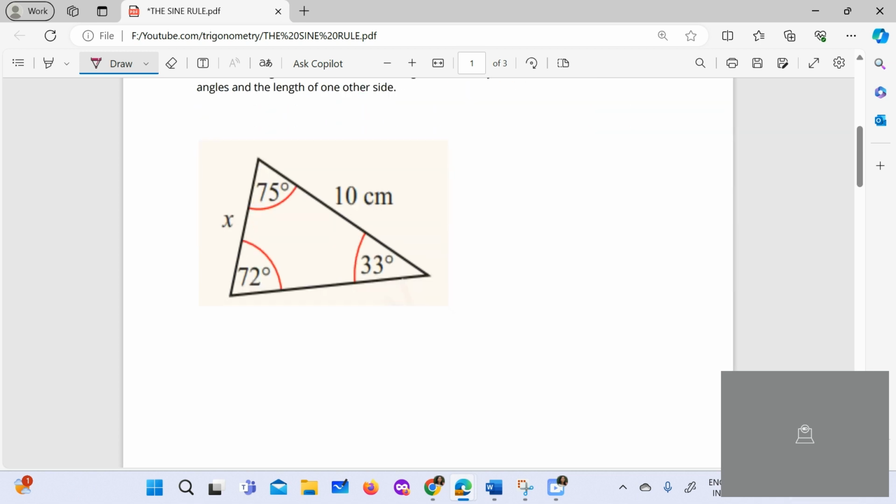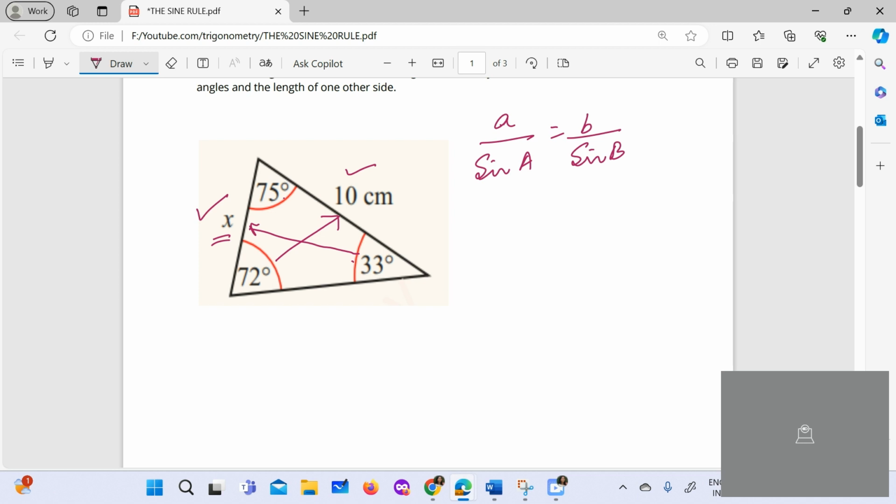So see, in this triangle, you have 75 degrees, 72 degrees, 33 degrees. So here you can see that the given length is 10 and you have to find the size of this length x. Okay, and our rule is a over sine A, which is equal to b over sine B. Now you see that this angle is opposite to this length and this angle is opposite to this length, so we will take this.